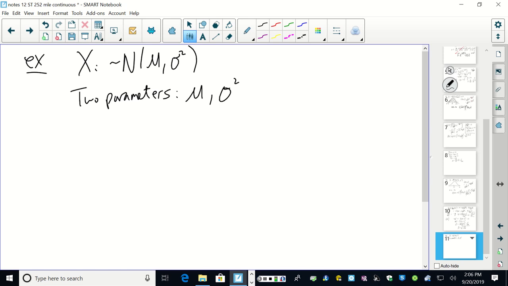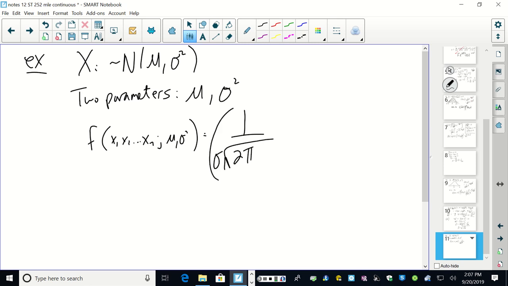It turns out that the density for x1, x2, up to xn, with both of these parameters, is a square root of sigma 2 pi. Now I'm just jumping to all n observations instead of multiplying it together. The density's in the book, and you can see it step by step.